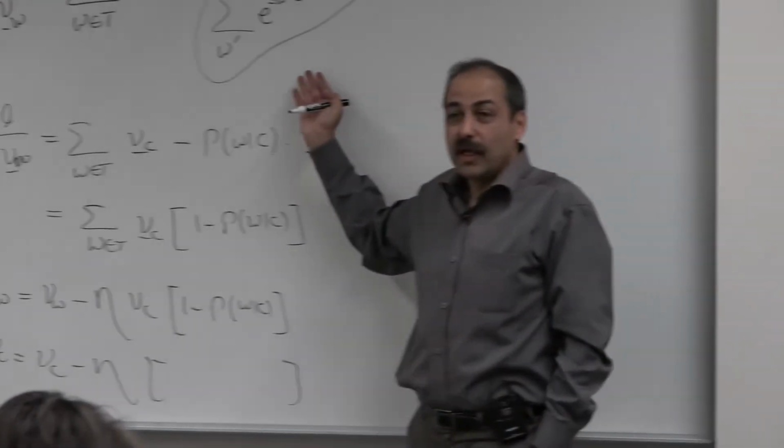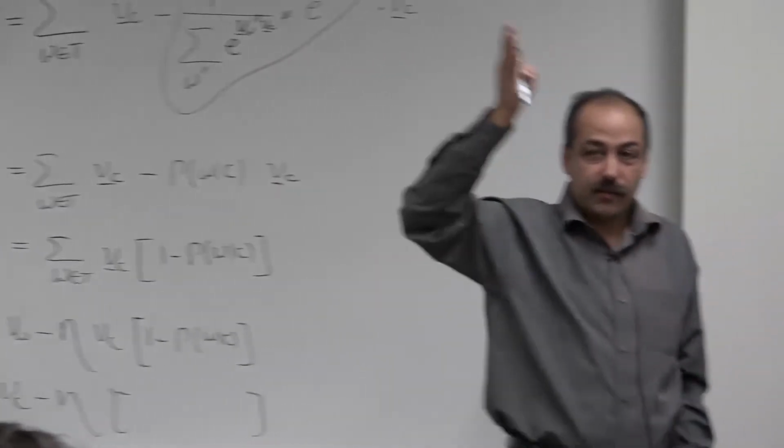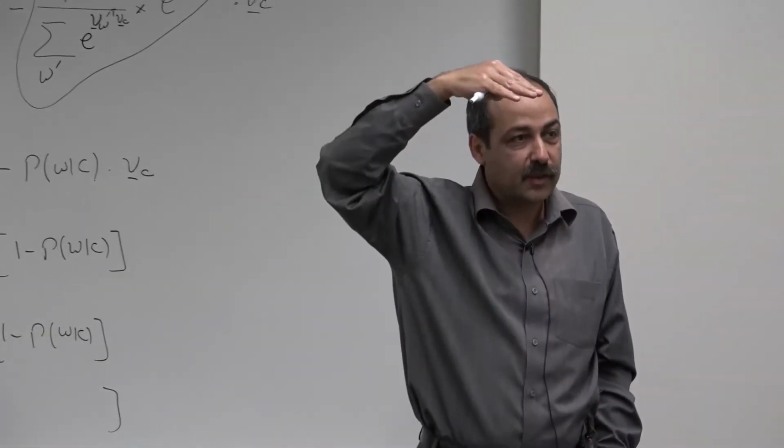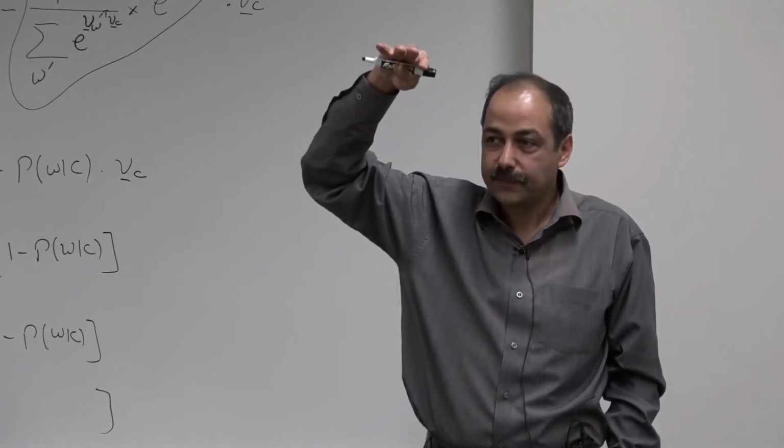One thing that I forgot to mention, and it made some confusion, is that this VC and VW were the rows and columns of W and W transpose. Basically, they were weights of the neural network that we wanted to learn.